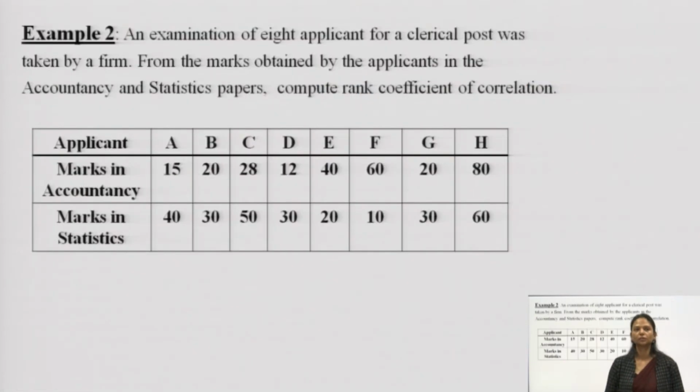Just see the question. An examination of 8 applicants for a clerical post was conducted by a firm. From the ranks obtained by the applicants in an accounts and statistics paper, compute the rank coefficient of correlation. So, we have applicants A, B, C, D, E, F, G, H, that means 1, 2, 3, 4, 5, 6, 7, 8.